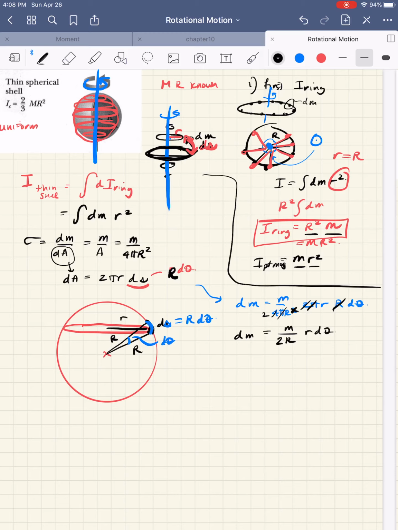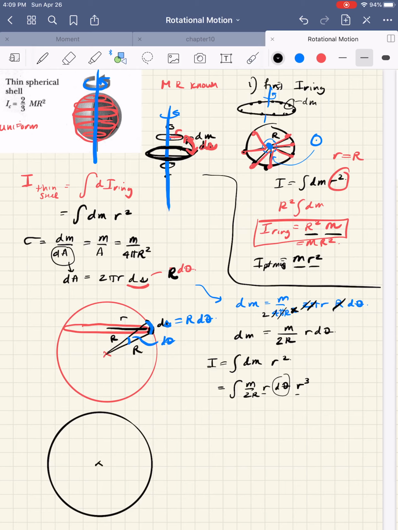And so at this point, I just need to plug in something for my r squared here under the integral. My dm has made it clear to me that I'm integrating over d theta. But I have everything else in terms of this little r, so I need to do something about it. So I'll redraw this circle again, in a different color this time. Here is my ring that I'm looking at again. Here is its radius, r.